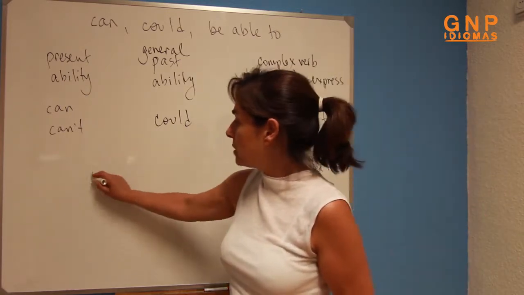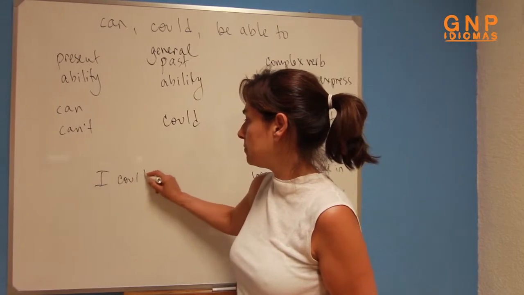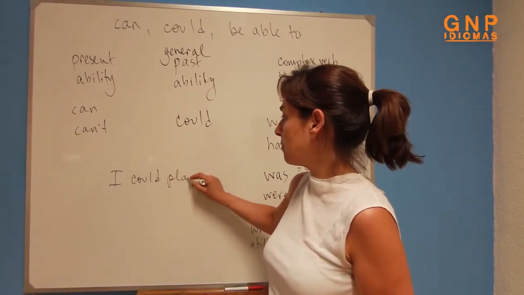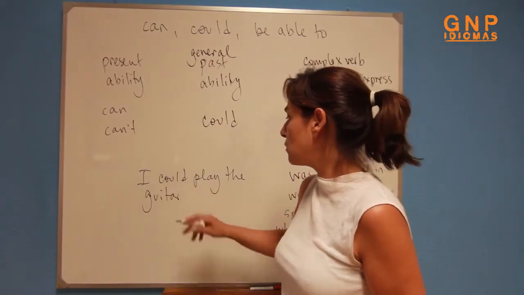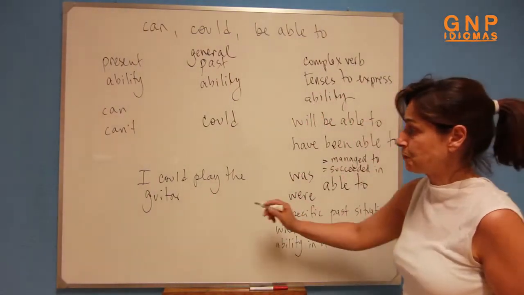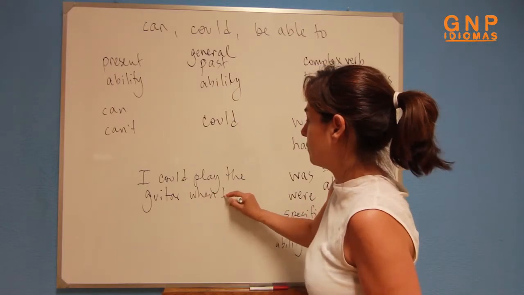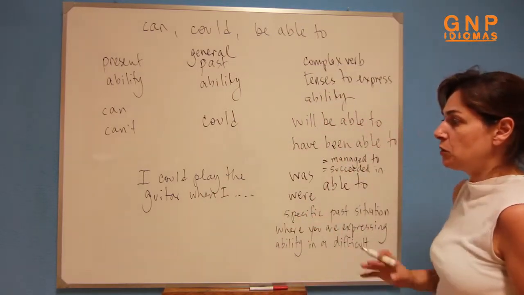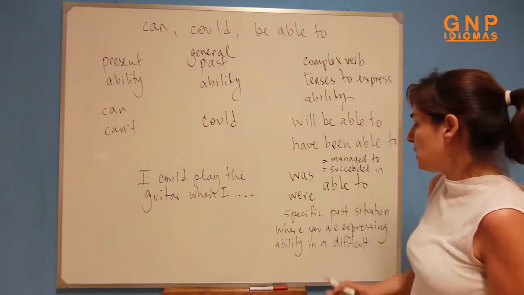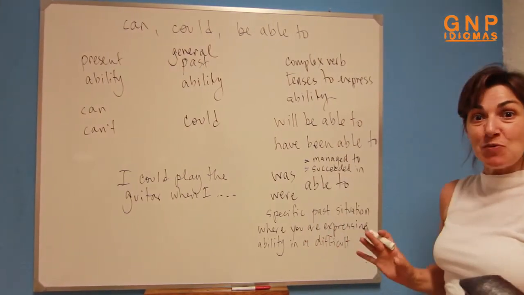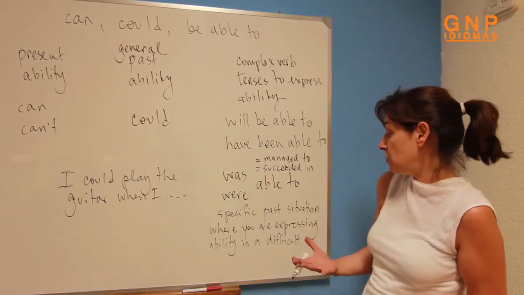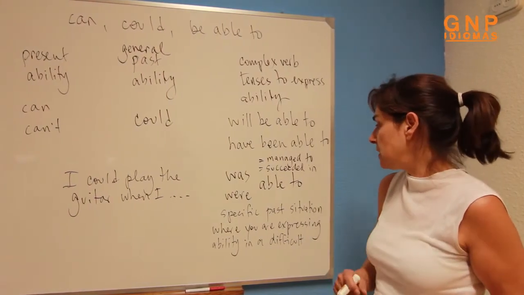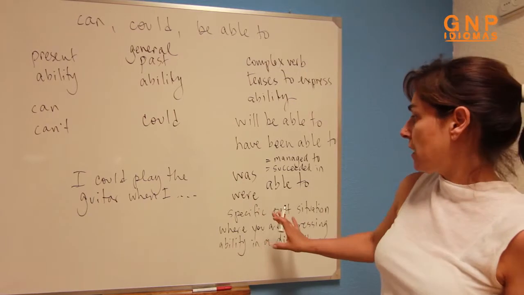So I could play the guitar when I was young. When I was young would be an example of a general past ability, but I was able to pass my exam without studying would be an example of something difficult that you did, that you managed to do, despite the difficulty. So that's the main difference, okay?